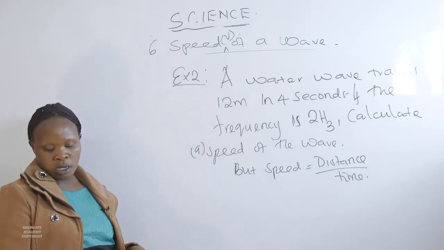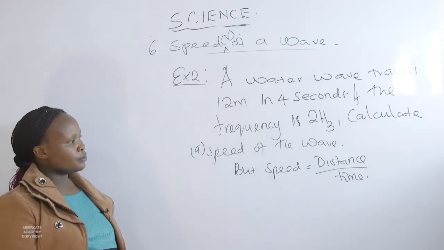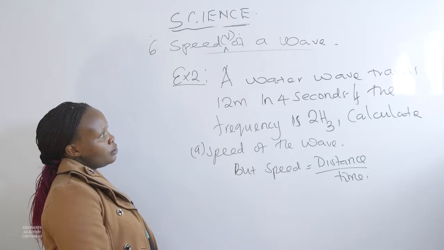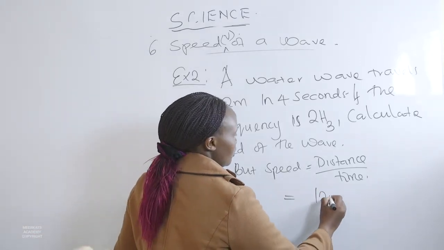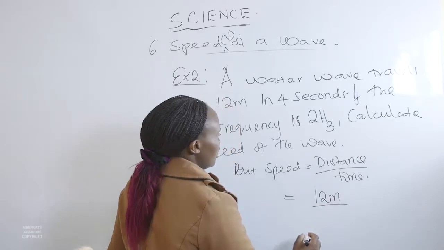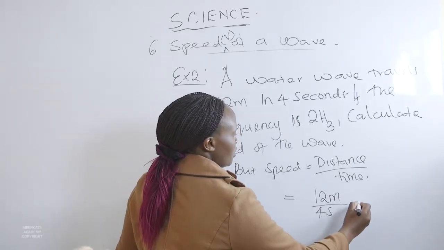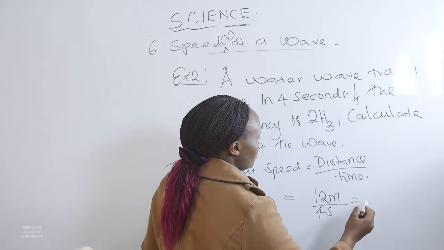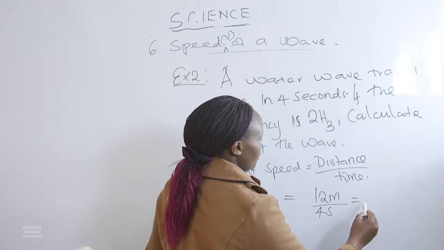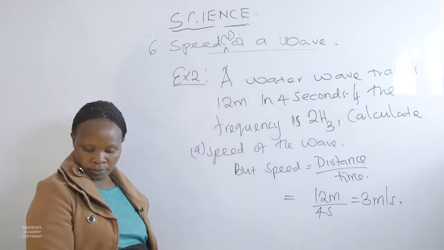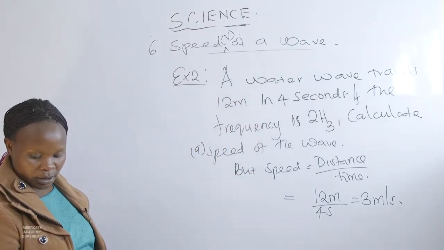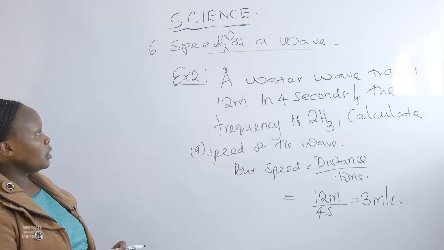Therefore, we can substitute so that now our distance is given as 12 meters. Time is 4 seconds. Therefore, we have a speed of 3 meters per second. That is the first bit of the question.